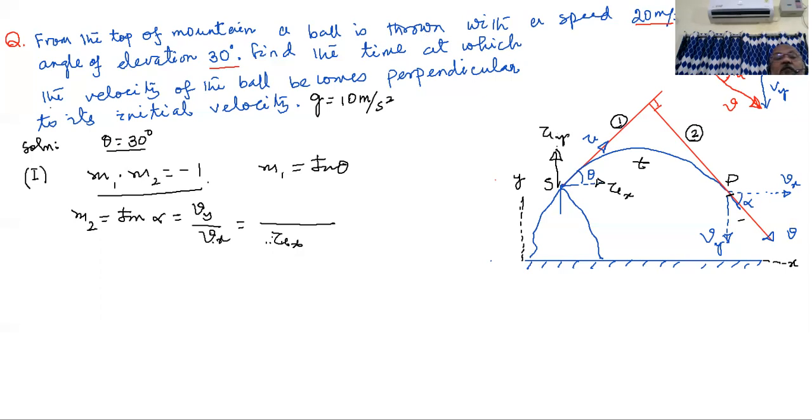And everybody knows, because initial velocity u is given, angle theta is given, ux must be equal to u cos theta. Again, I am sticking to the denominator. Ux is equal to u cos theta. We can put it now. I think you are clear.